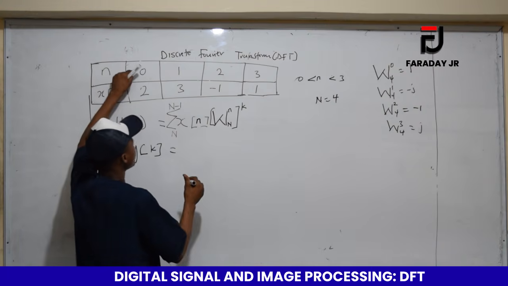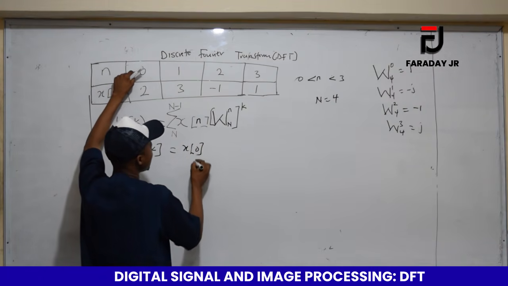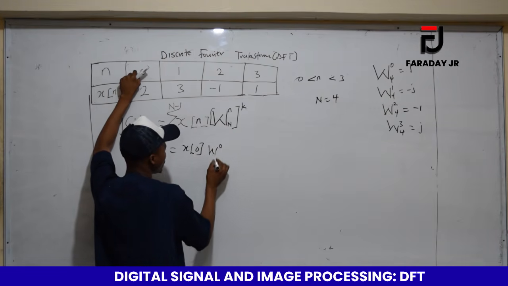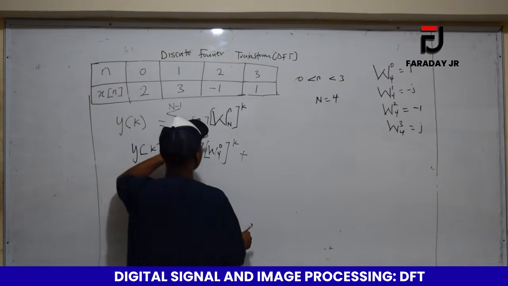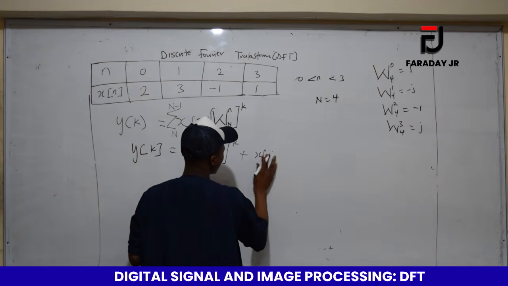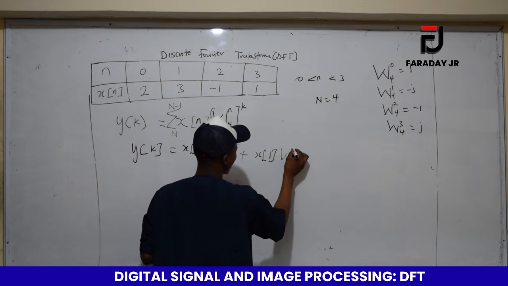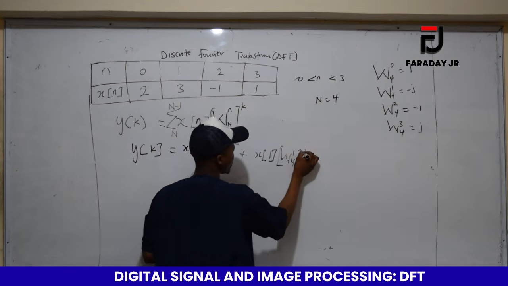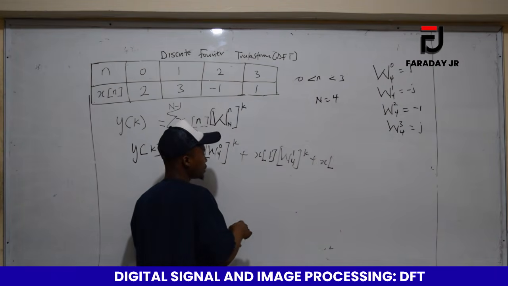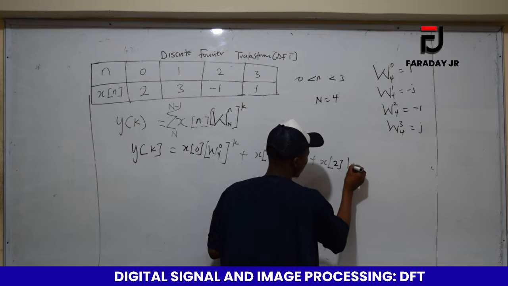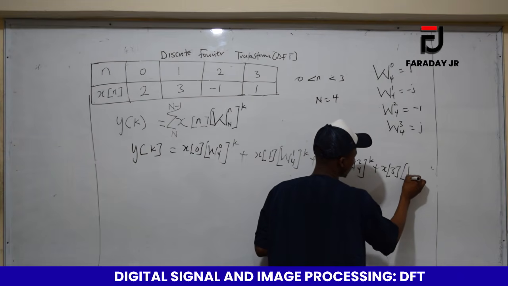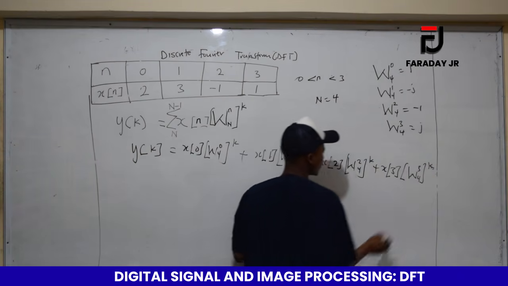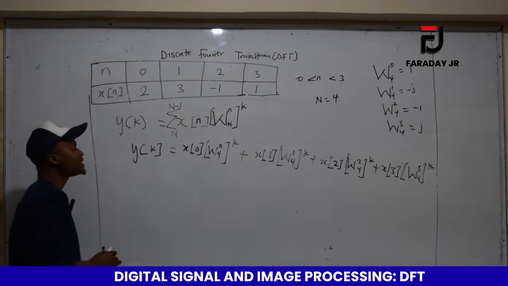So we start with x of 0, then we have W 0 4 to the power k, plus x of 1 with W 1 4 to the power k, and x of 2 with W 2 4 to the power k, and then finally x of 3 with W 3 4 to the power k. So this is the general formula. Once we get this, it makes it easier and simpler, right?